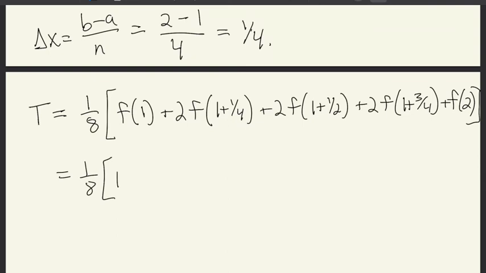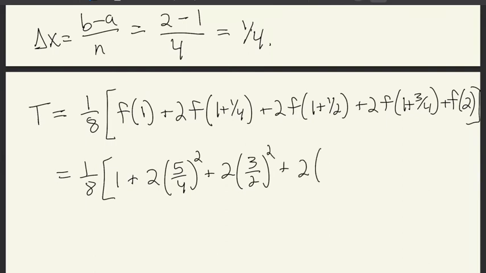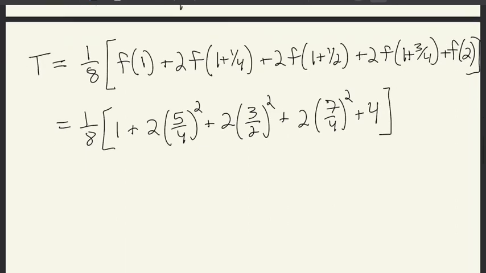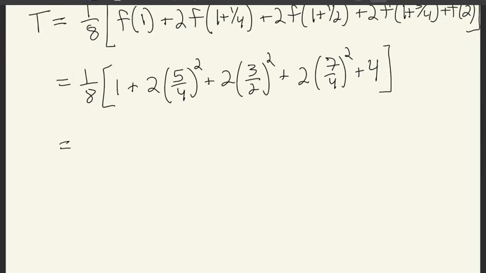All right, that is 1/8. f of 1 is 1 squared, which is 1. That is 2 times 5/4 quantity squared, plus 2 times 3/2 quantity squared, plus 2 times 7/4 quantity squared, plus 2 squared, which is 4.